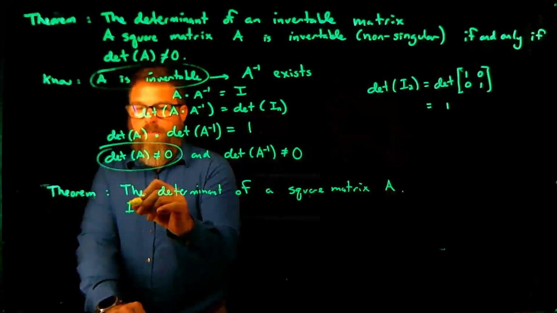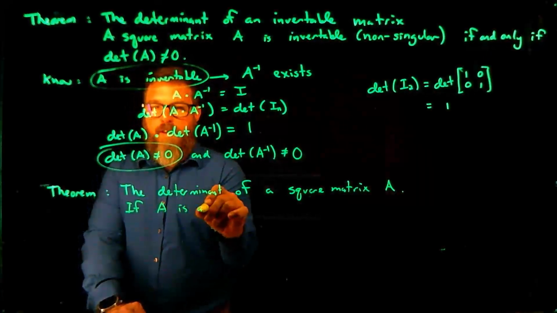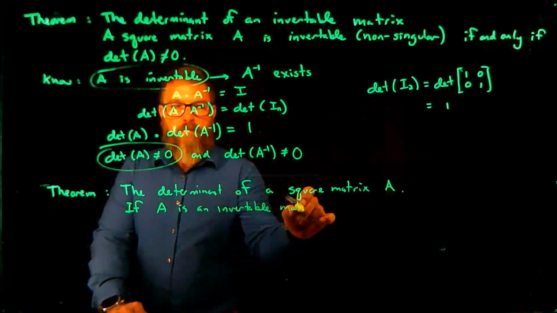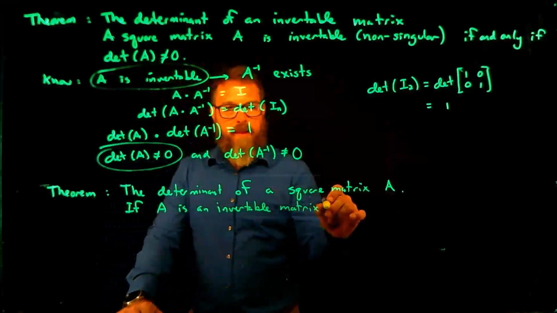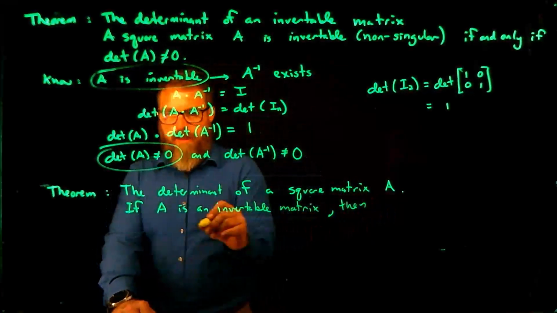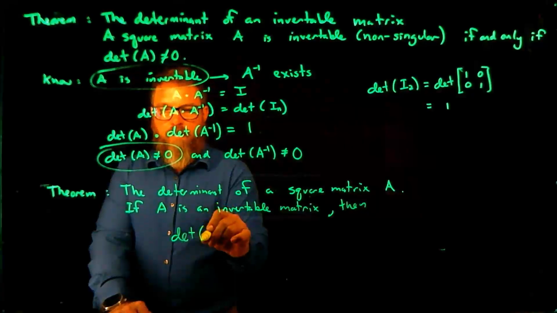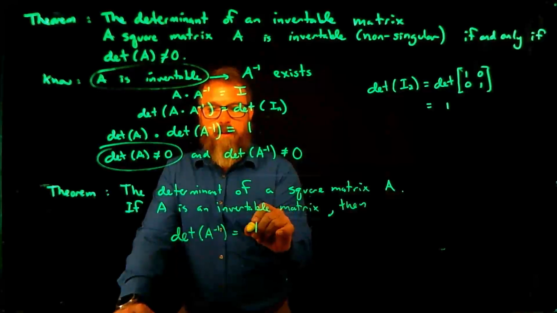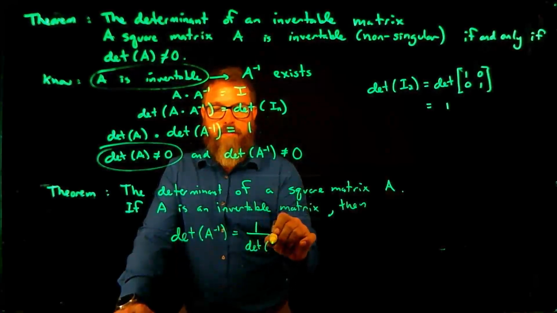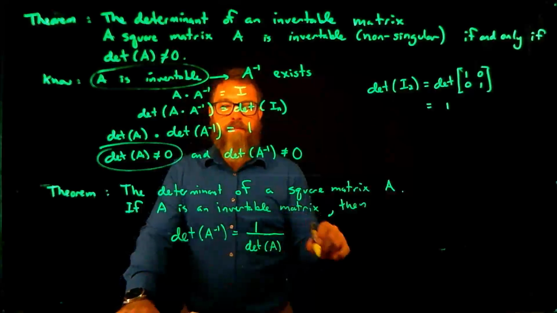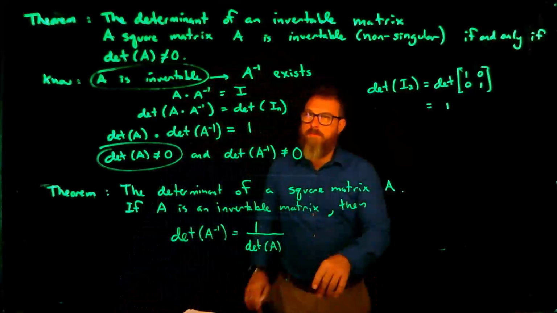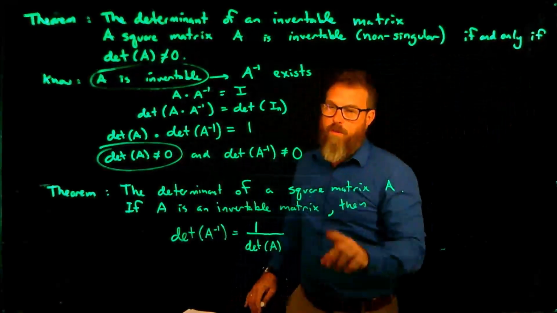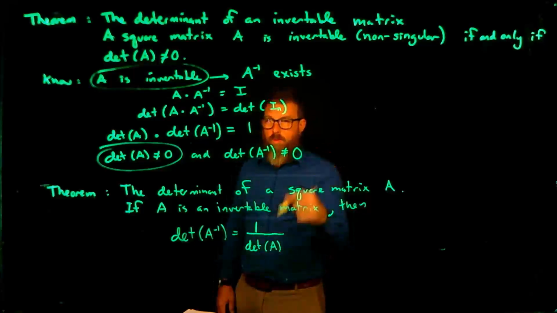We'd say if A is an invertible matrix, non-singular, then we can say that the determinant of A inverse is equal to 1 over the determinant of A. And my claim for this proof is sitting right above us.